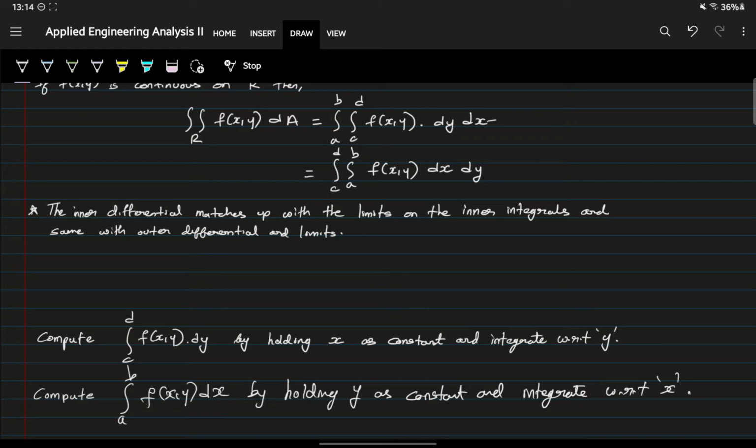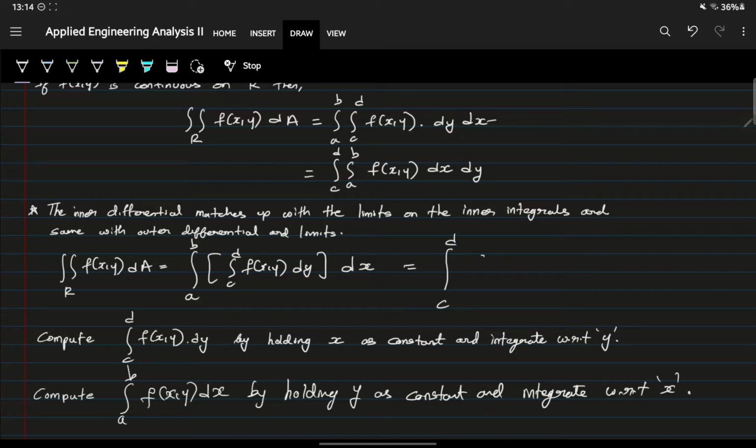To give you an example, this is what it's generally given as. So we need to make sure that our outer and inner differentials match, or it can also be dy.